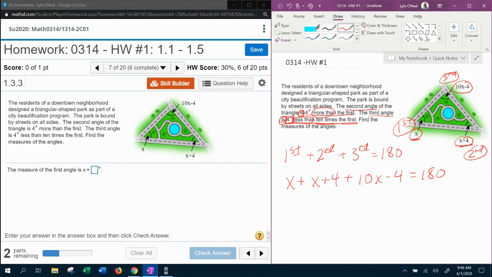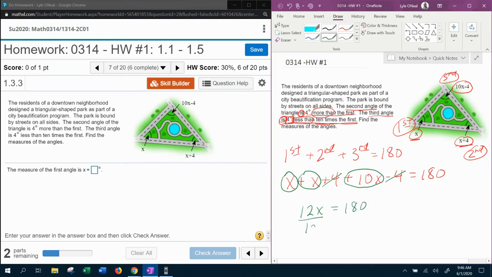And now we can solve for x, okay? So the next step, we need to combine like terms. I've got x plus 10x. Altogether, that's going to give me 12x. Oh, look at this. I've got plus 4 minus 4. Those are going to cancel. So that just equals 180.